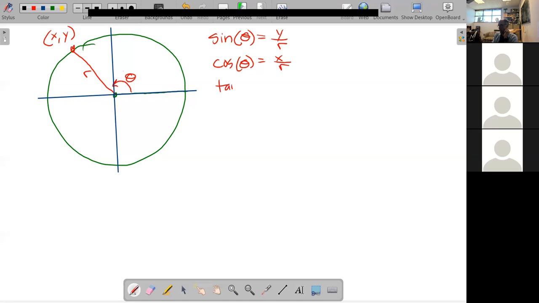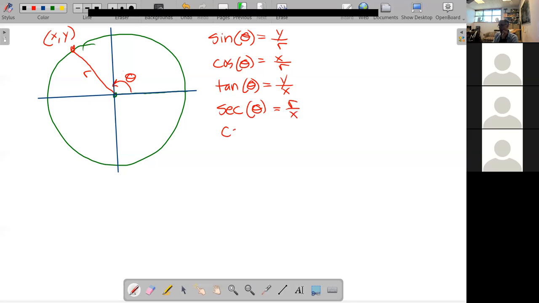We learned that the tangent of theta is sine over cosine. The r's divide out, it's y over x, or the cute version of it is the tangent turns the angle into the slope, which is kind of neat. Then we found the secant function, and we learned that the secant is the reciprocal of the cosine. So that means on the circle, it would be the ratio of r to x, because it's 1 over cosine.